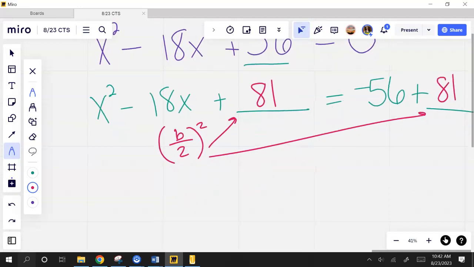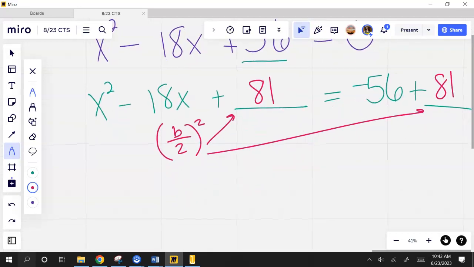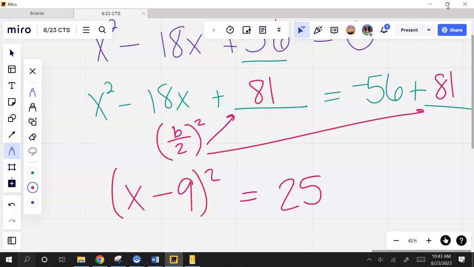All right, guys. Factor the left side now. What does it look like when you factor it? It's the square root of the first term, and the square root of the last. It follows that first sign always. What now? Square root.